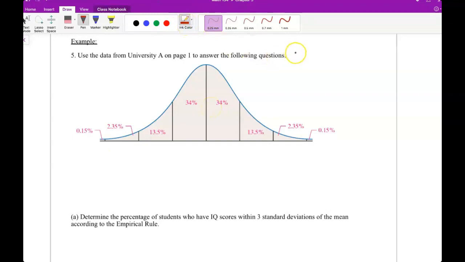So first, fill in the chart. I want to find what we have here for all these. What that means is what data we have within 1 standard deviation, 2 standard deviations, 3 standard deviations. So first, fill in the chart.